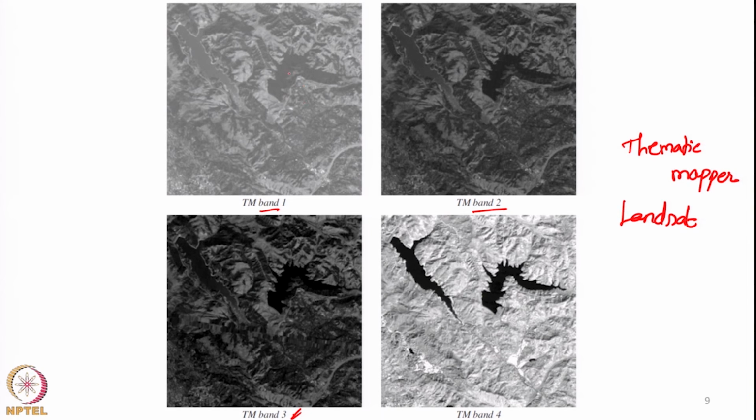We are seeing 2 reservoirs, which appear a little bit brighter, and some land surface. In band 2, it appears a bit darker. If you look at band 4, we are able to clearly see the reservoirs in a much darker tone. So, these are water bodies, the 2 reservoirs, and this is the land surface.